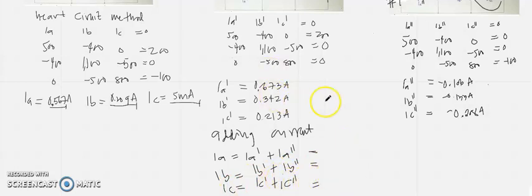So for IE, we have 0.673 plus negative 1.106 ampere. So the answer is 0.567 ampere.